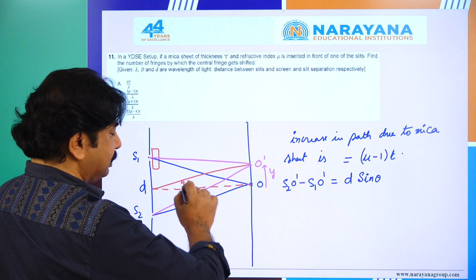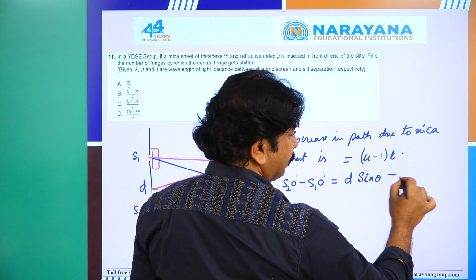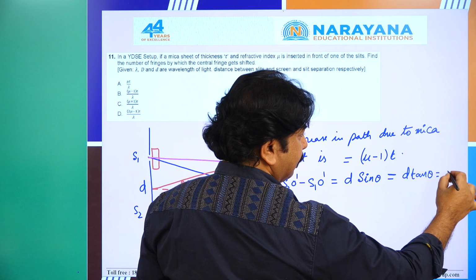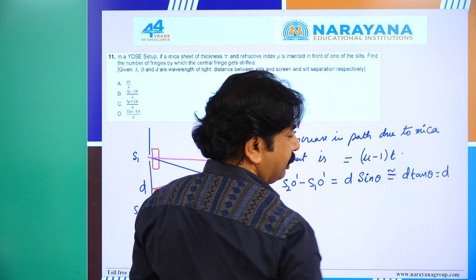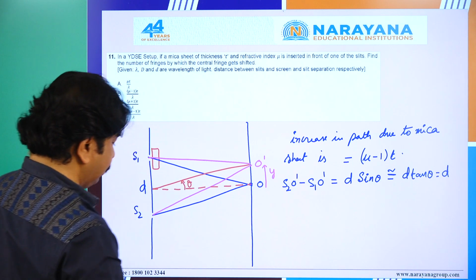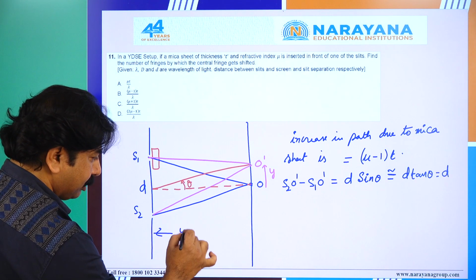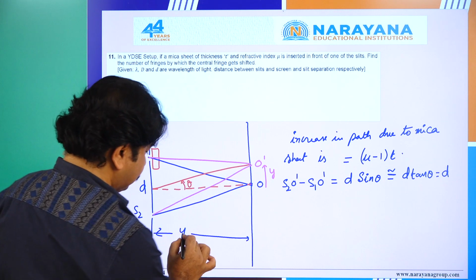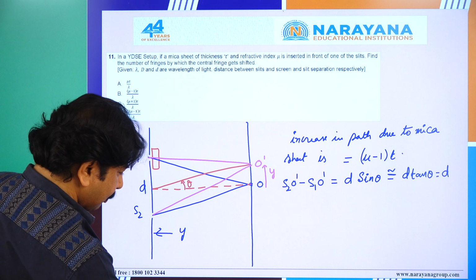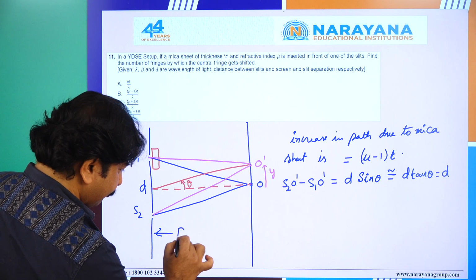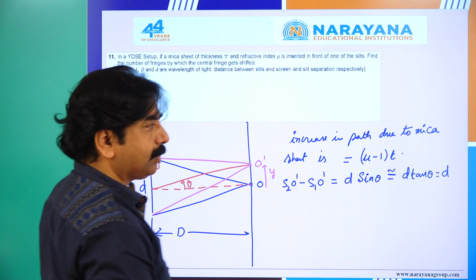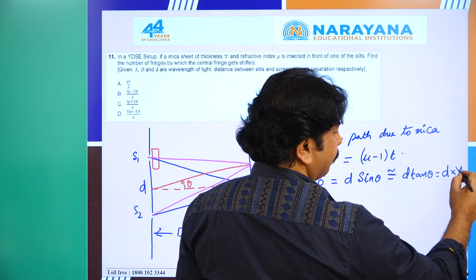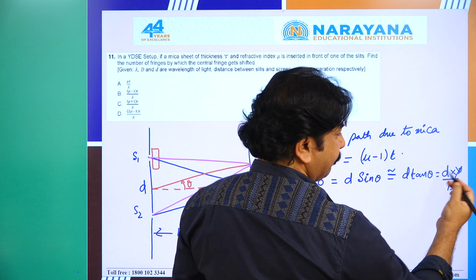As theta is very small, this is approximately equal to d tan theta. Where tan theta is equal to y by capital D. So this is nothing but d into y by capital D.